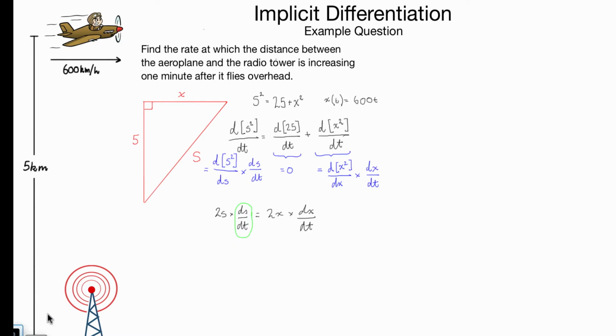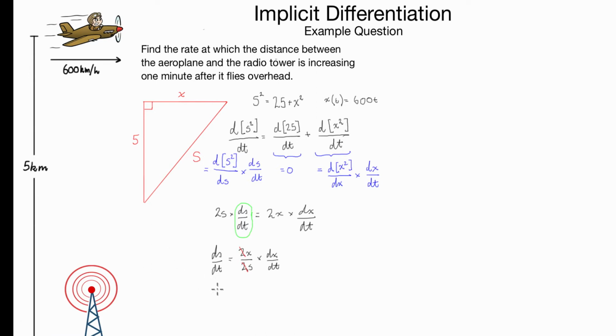So what we're going to do is take our s's over the other side, which is going to give us 2x over 2s times dx dt, which we know these 2's can be cancelled out to simplify.